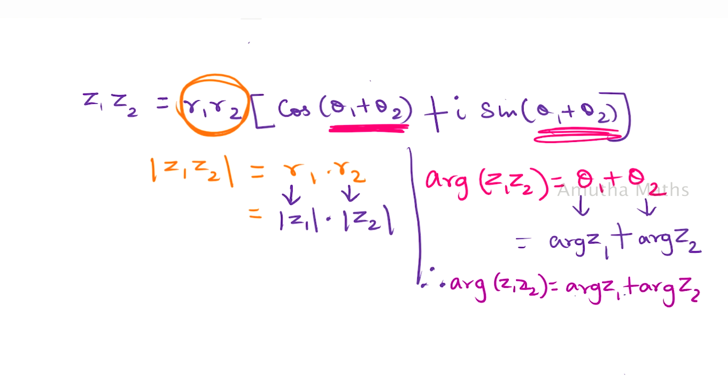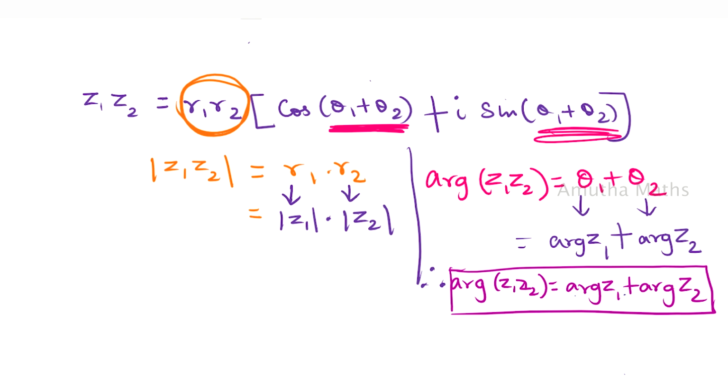So this is a very important property of argument. We have proved this property of argument. So argument of Z1 Z2 is equal to argument of Z1 plus argument of Z2.